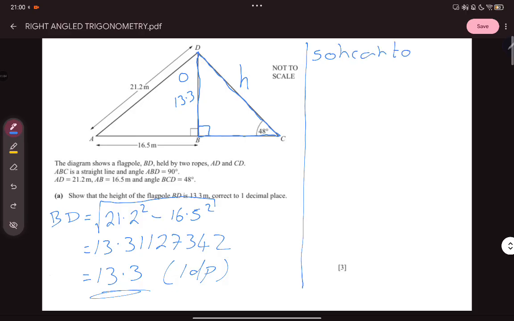Anyway, in this triangle, O and H, we have to decide, are we using sine, cosine, or tan? And it's O and H. We know the value of O and we want to find the value of H, so it's going to be sine. So that's O divide by H. So O was 13.3. Divide by H, which we don't know, is sine of the angle, and the angle is 48 degrees. So we just have to do a bit of a rearrangement here. So 13.3 dividing by H on the left-hand side, multiply by H on the right-hand side, H times sine 48.